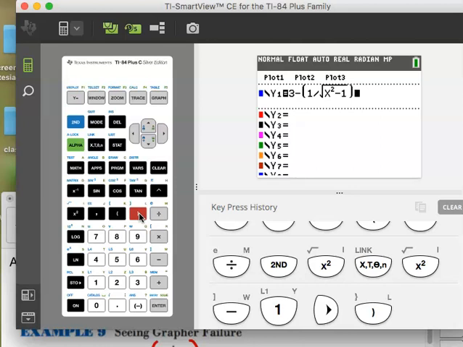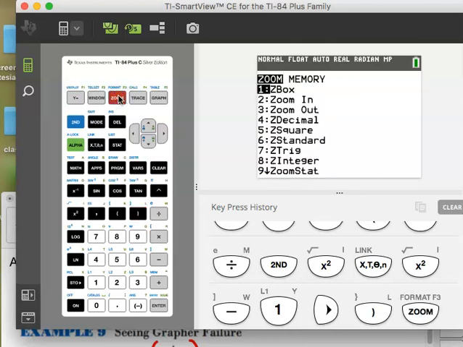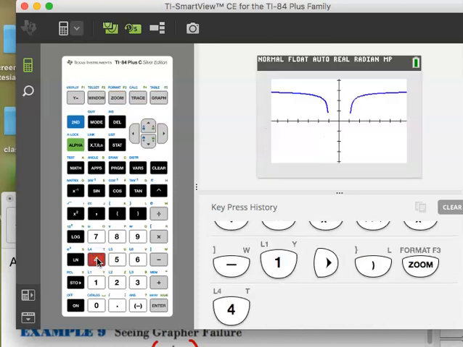Now, like I said, they want us to do zoom decimal, so zoom, and that would be number 4, which we would never use. We're much more appropriate to grab zoom 6, which is our zoom standard window, but they're letting us know this will produce a problem.